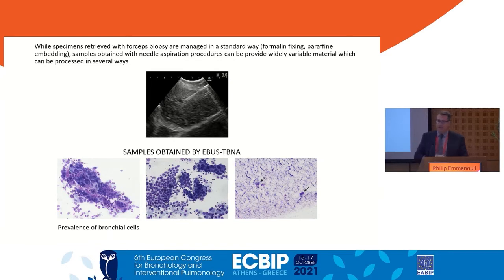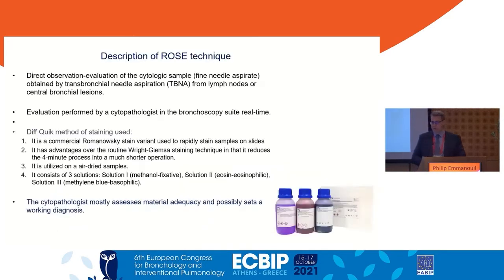They can be mostly from the bronchial mucosa, so there will be a prevalence of bronchial cells. We can have a good sample with malignant cells, or we can have the last picture on the right, which is a prevalence of necrosis. When we have bronchial cells or necrosis, it's not very useful, so we have a procedure that unfortunately went to waste and was not good for our patient.